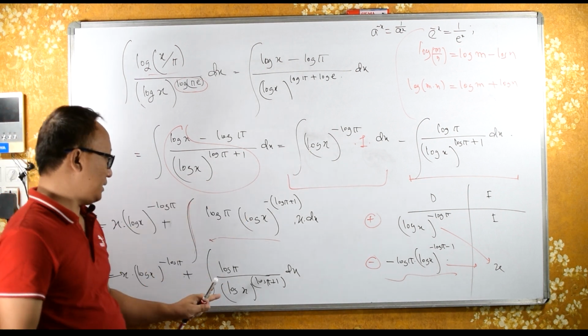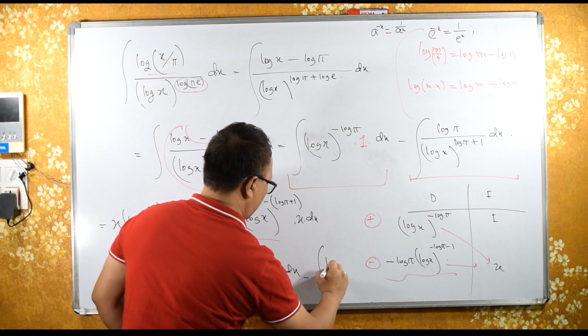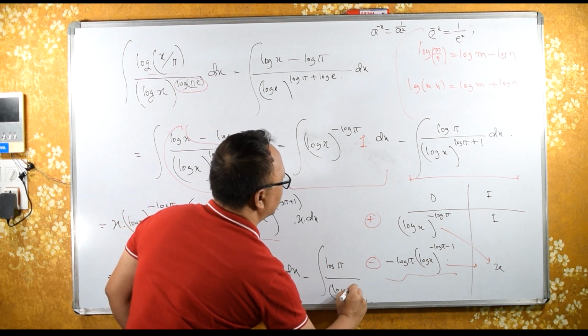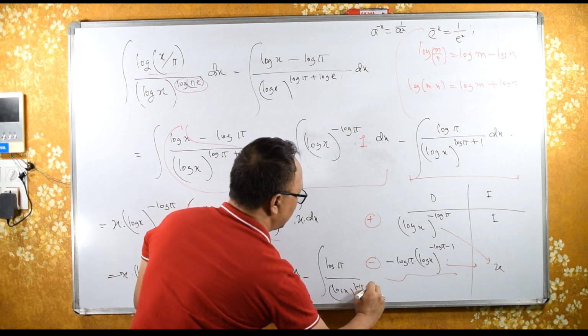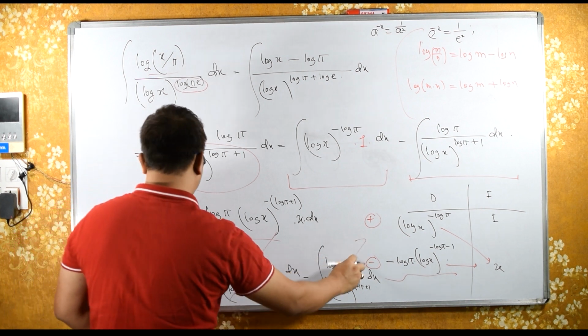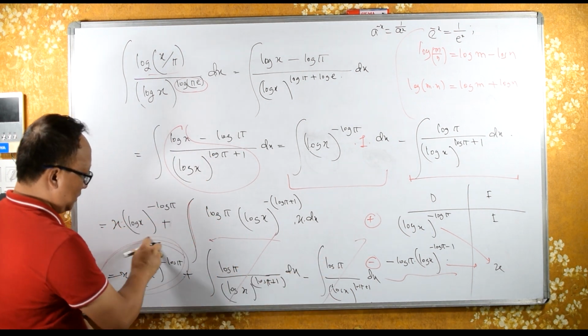Now this part is this, okay. Therefore we have minus log of pi upon log of x raised to log of pi plus 1 dx. Therefore this term and this term get cancelled. So this is the required answer.